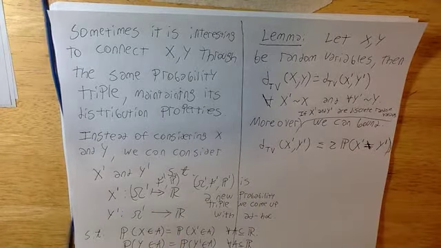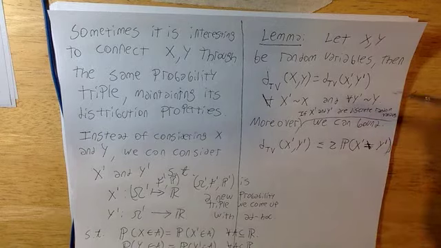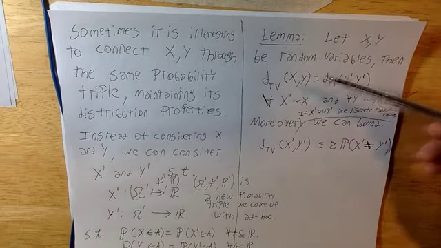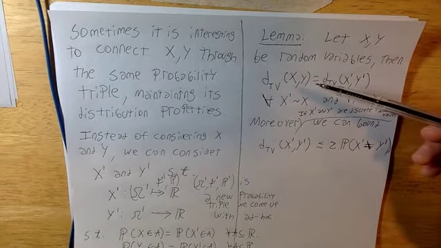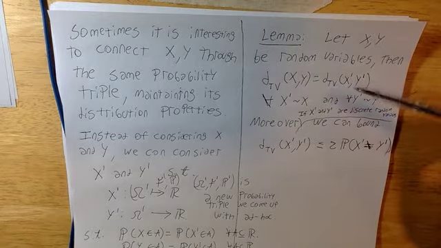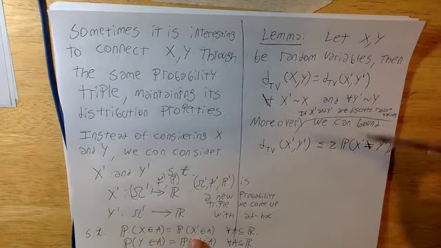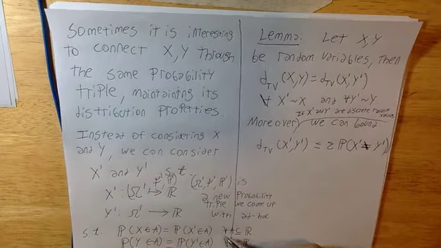Okay, so first of all, the first part of this lemma, that the total variation distance is the same between X and Y and X prime and Y prime, makes sense.